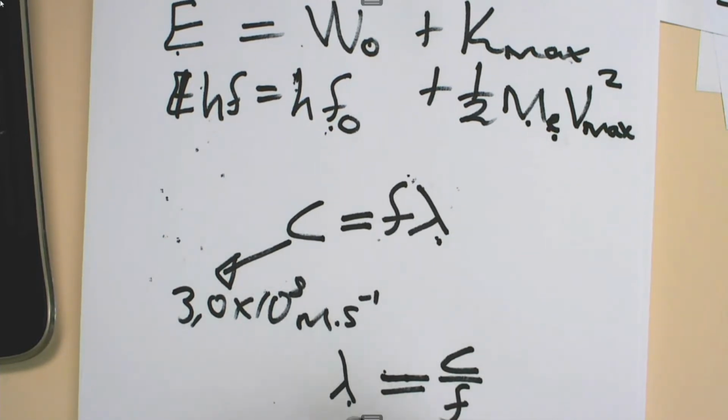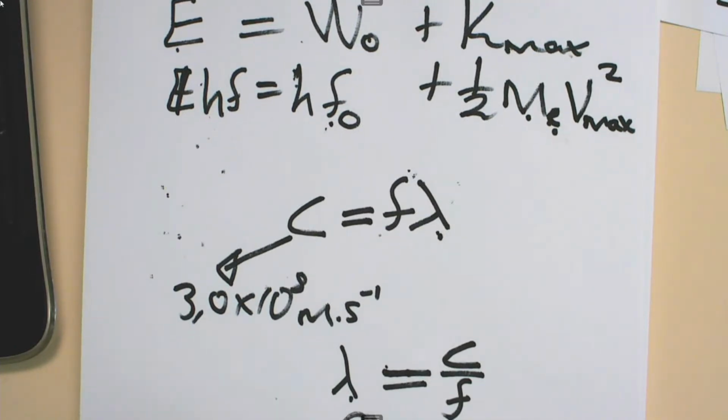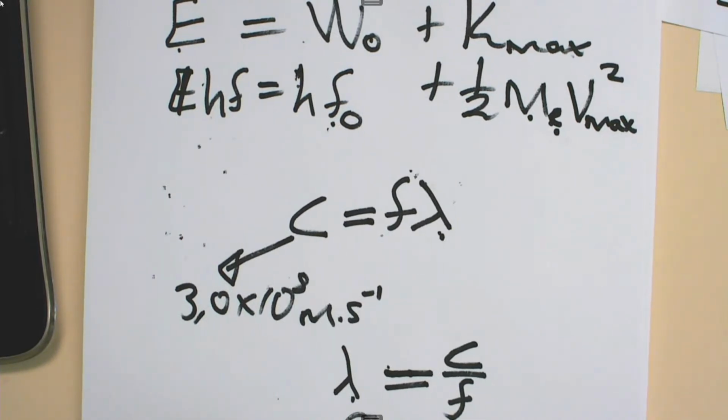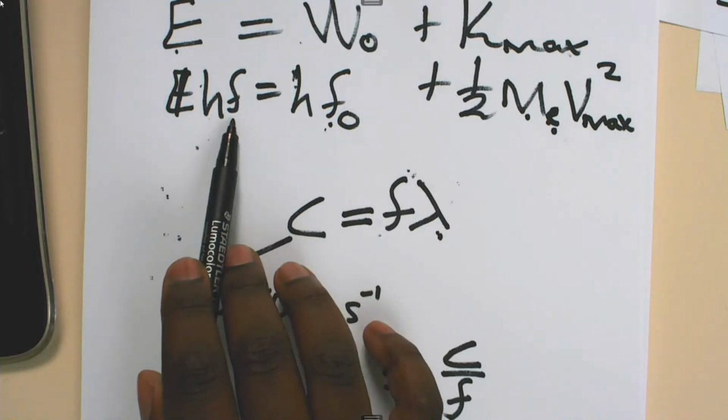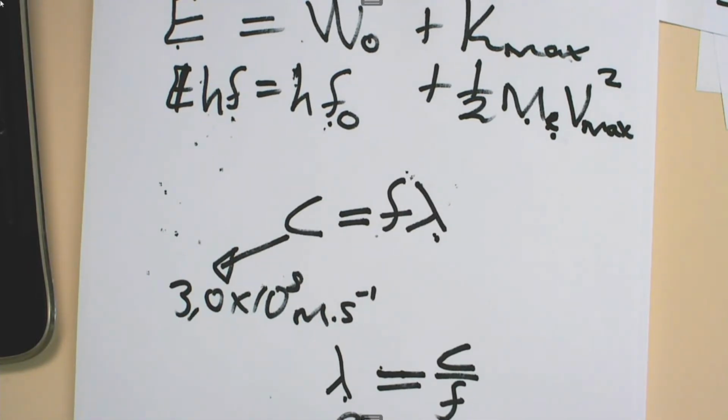So where we see the frequency, we can then put the speed of light over wavelength. Then we will have a formula such as this one, which is h, and then c divided by wavelength, because where we had frequency, we have now replaced it with the speed of light over the wavelength.